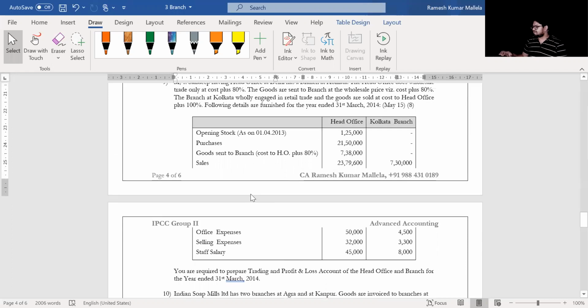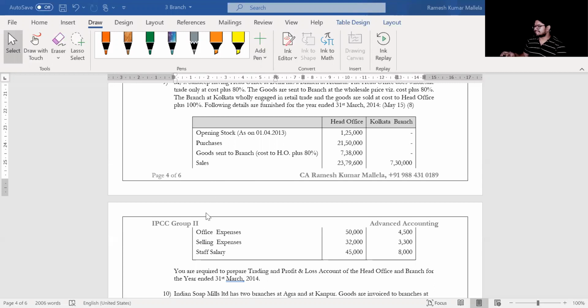Now, he has asked you to prepare trading P&L account. Both are asked to be prepared. When both are asked to be prepared, you are supposed to see what items will form part of trading account and what items will form part of P&L account. In trading account, opening stock comes, purchase comes, goods sent to branch also comes, sales comes, and there would be something called closing stock which we are supposed to calculate.